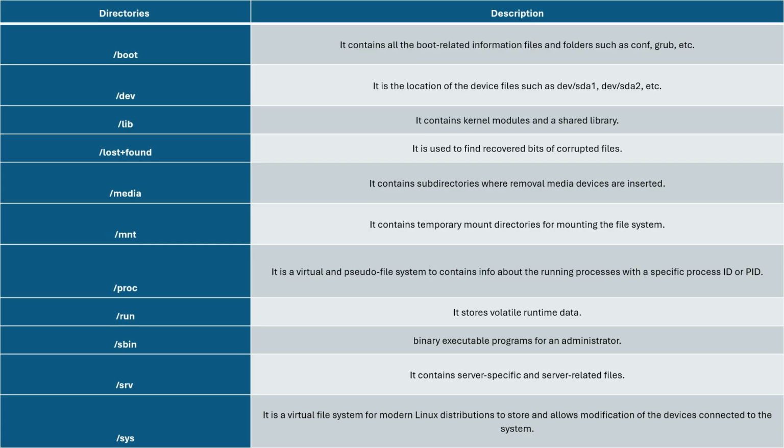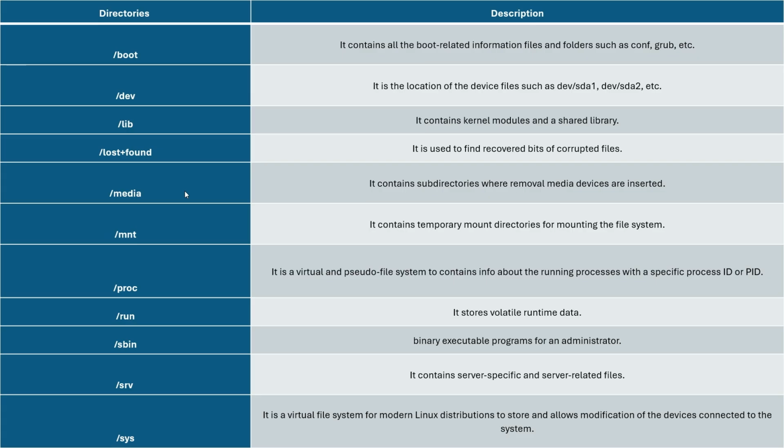Lost+found is the directory where you can find recovered bits of corrupted files. Any corruption with the files, those bits will be available in this lost+found directory. Slash media is for any removable media, like ISO, floppy drive, or CD drive.